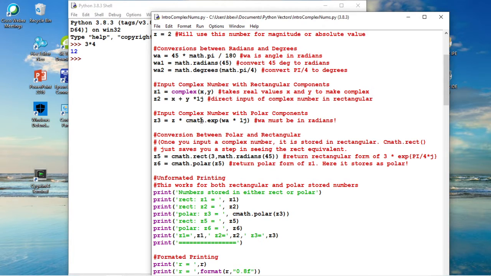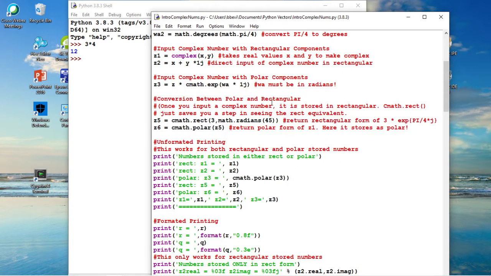Notice we're using cmath, not math, because this is a complex argument. Anytime you're using exponential or trigonometric functions with a complex number as the argument instead of a real value, you need to invoke it through cmath.